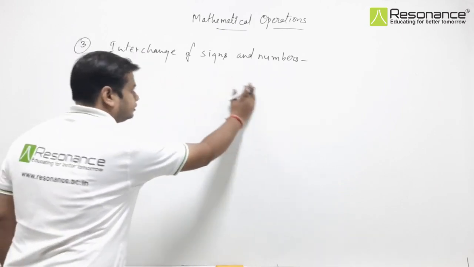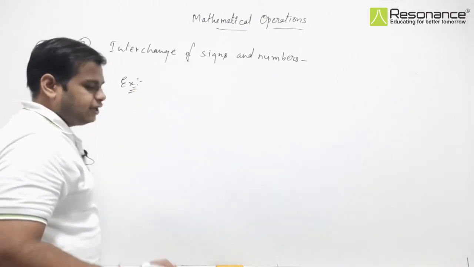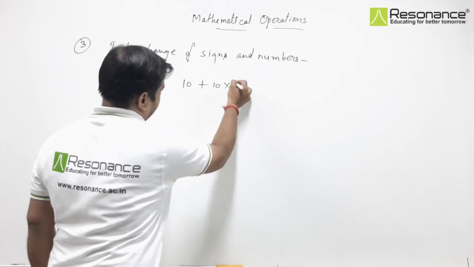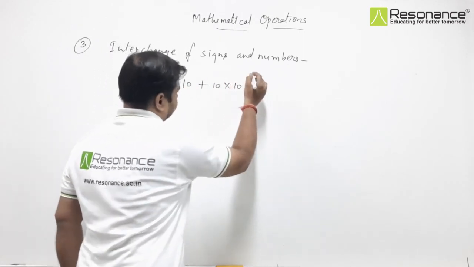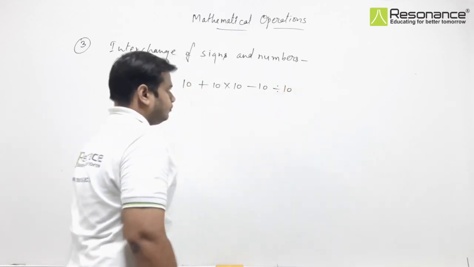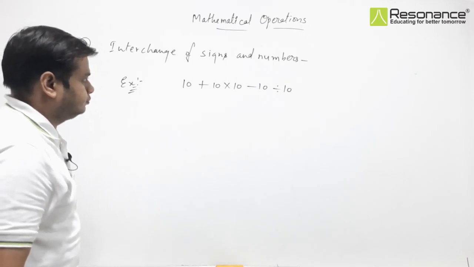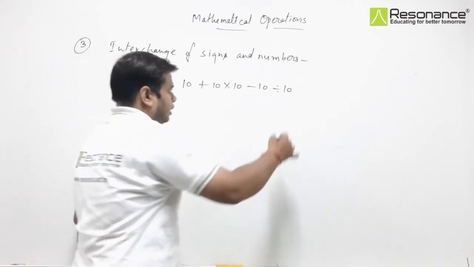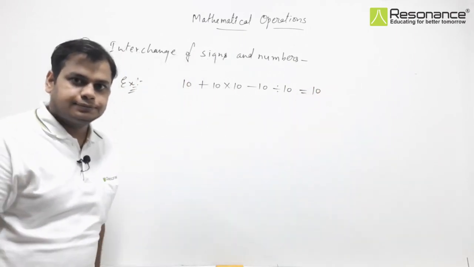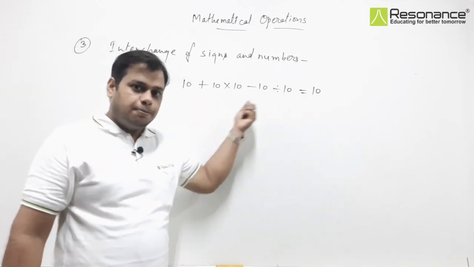Sometimes we also have to change numbers. We can understand with an example. Suppose we are given a simple equation: 10 plus 10 multiplied by 10 minus 10 divided by 10. And the solution of this equation is given as 10.